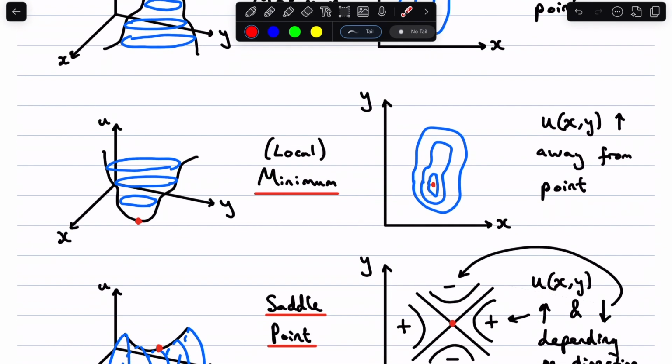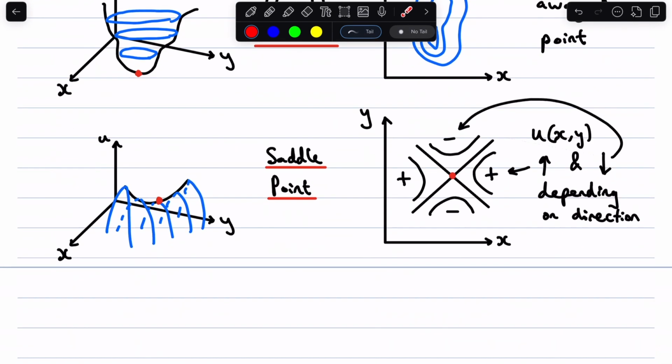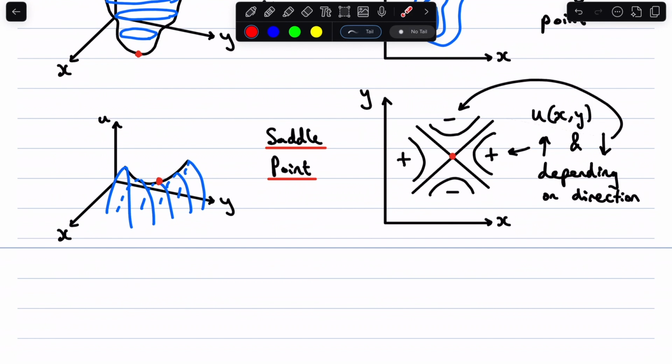Then there's a minimum, which is this red point at the bottom of our function. Again, we have our contour lines, and this would be like a dip or a valley in the map, and this is at the bottom of the valley, and so any point away from this is going to be increasing in value of u. And then finally, we have the saddle point, which, as you can see, looks like a saddle of a horse.